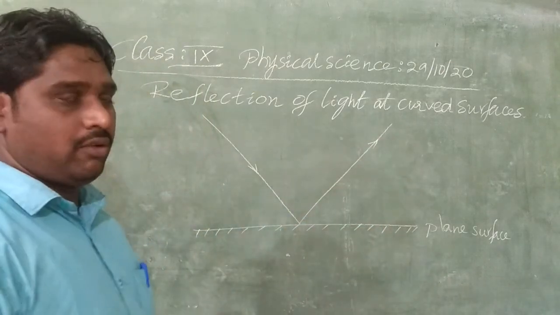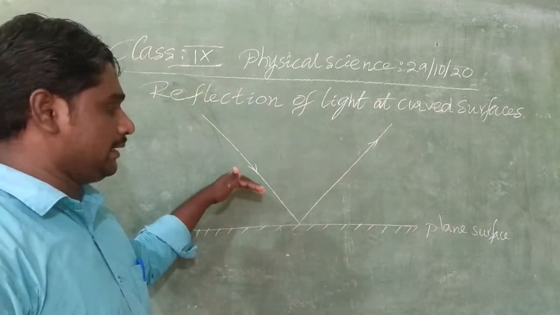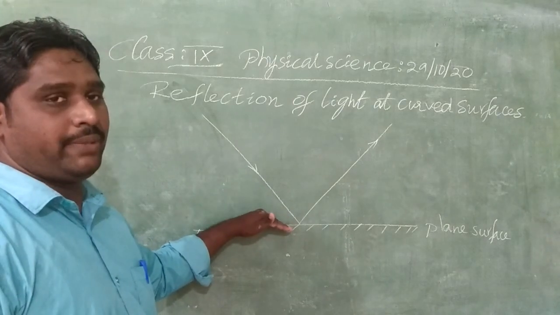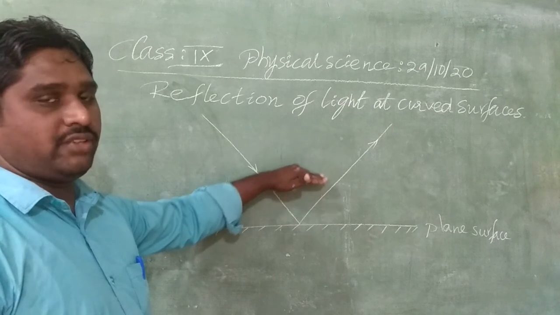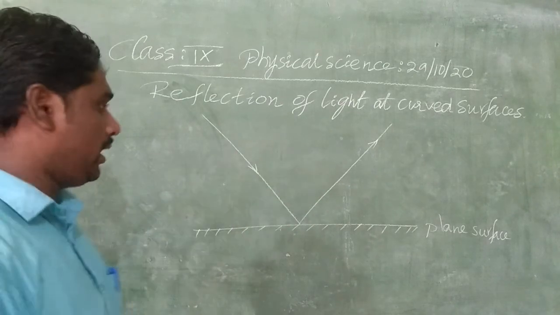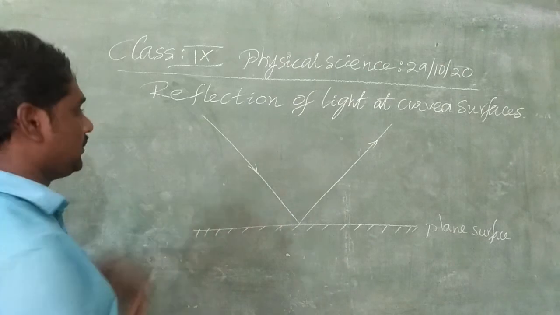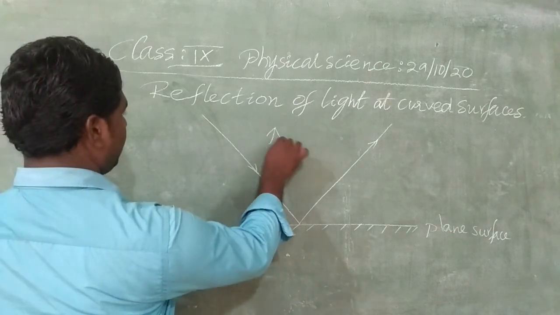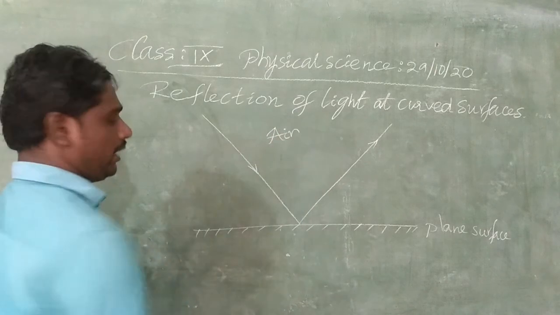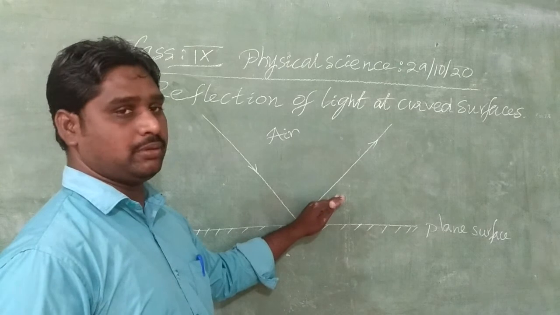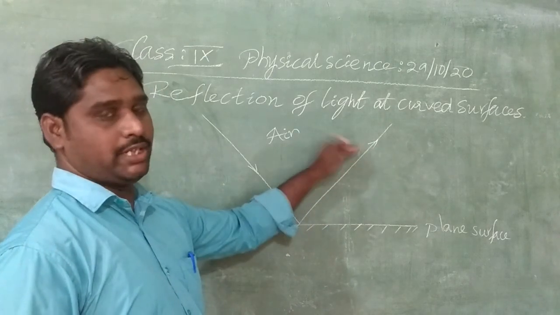Students, a beam of light falls on the plane surface. What happens? It gets reflected into the same medium. Here, the light falls on the plane surface, passes through the medium of air, and after reflection the reflected ray moves into the same medium.